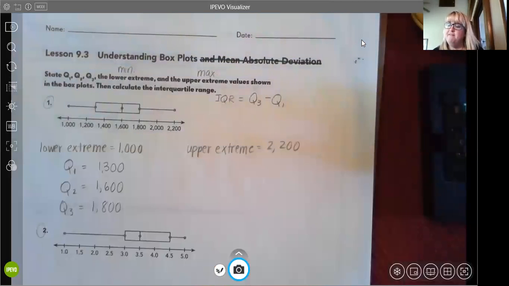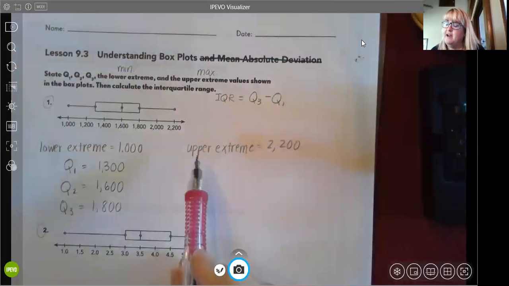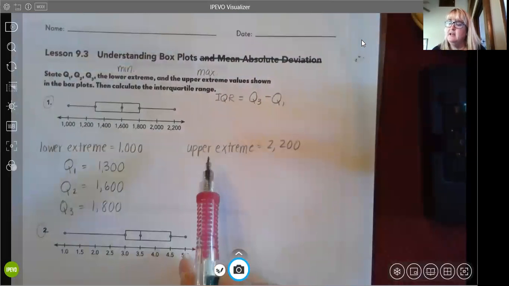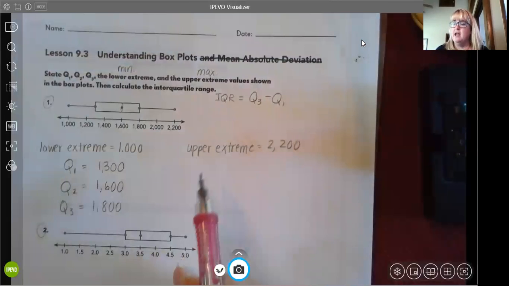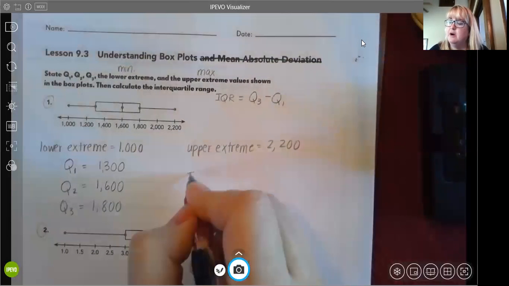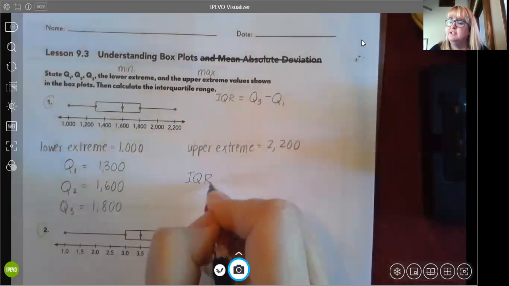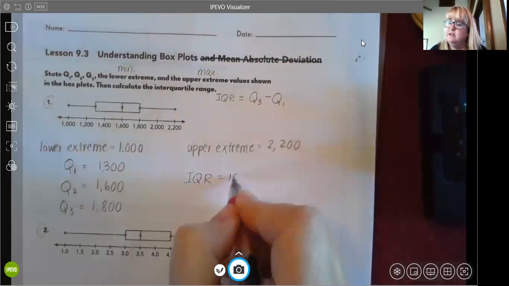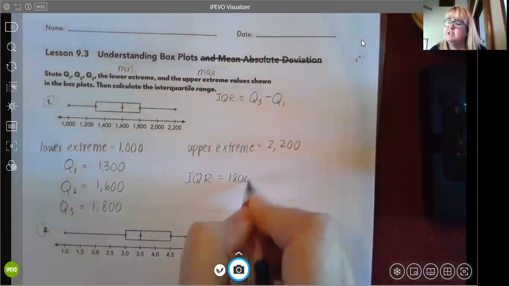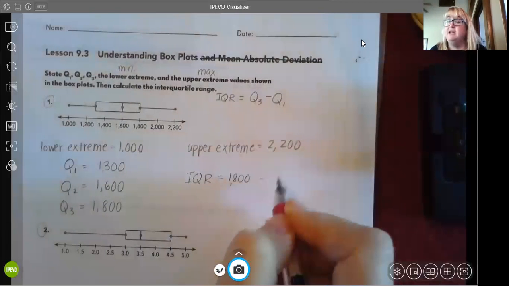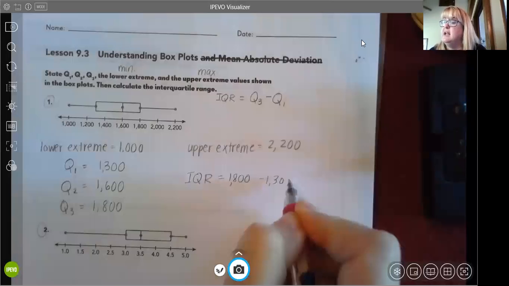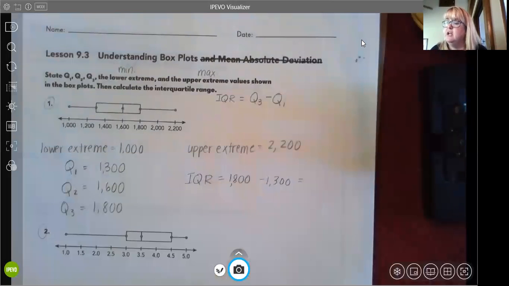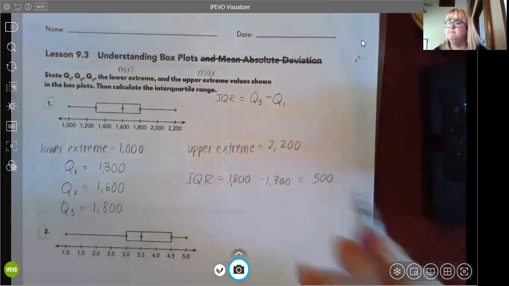All right, so I've got my five data values. Now we have to calculate IQR. IQR is Q3 minus Q1. Well, Q3 is 1,800 minus Q1, which is 1,300. And 1,800 minus 1,300 is 500.